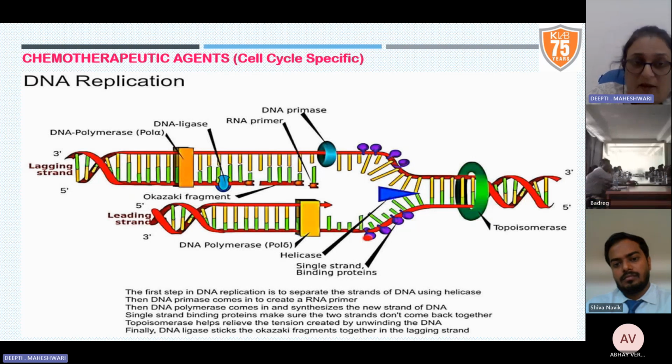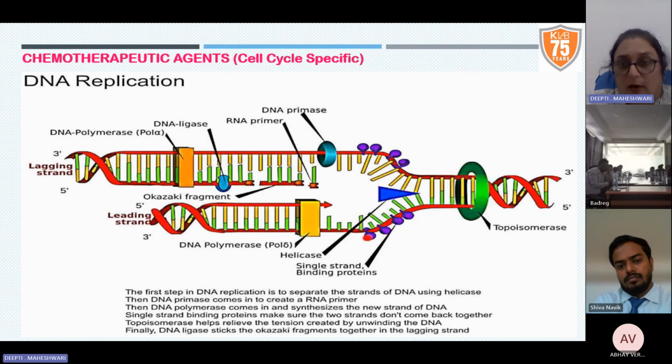So one more strand will come and join one of the strands, and another strand will come and join the other strand. So then you will have two DNA formed, with two strands on each side, but again they have to coil and form into DNA. So this is a simple way in which DNA synthesis takes place.